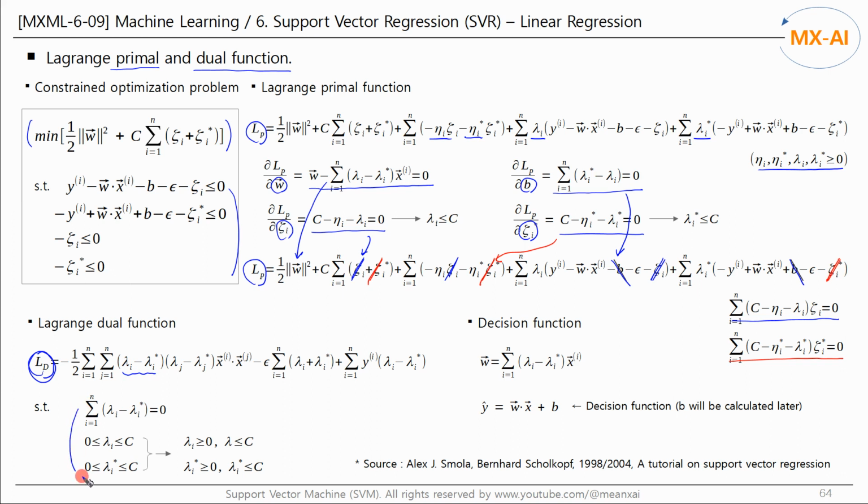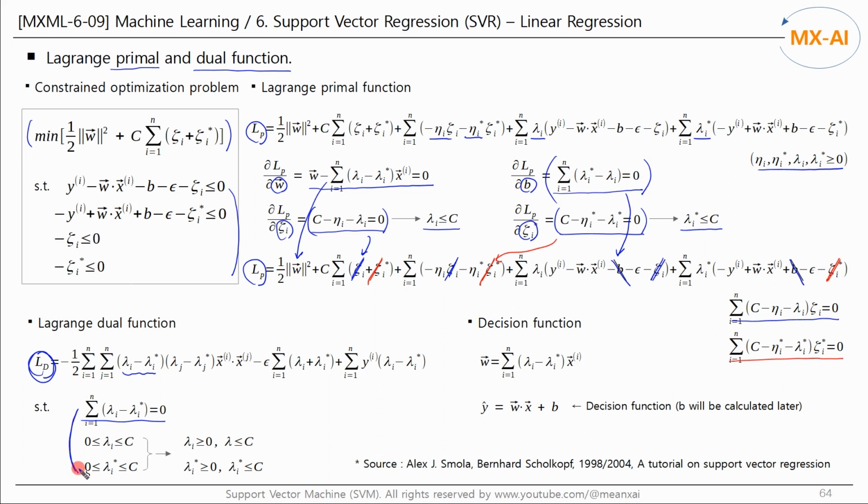The first constraint comes from this equation. And in this equation, C and eta are both greater than or equal to 0. So lambda is less than or equal to C. Likewise, in this equation, lambda star is also less than or equal to C. These are the constraints of the dual function.